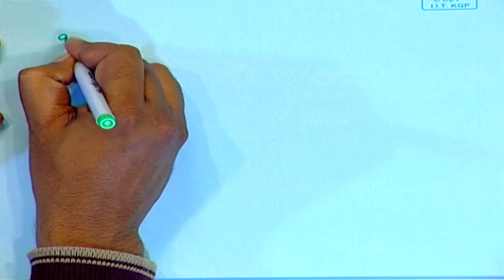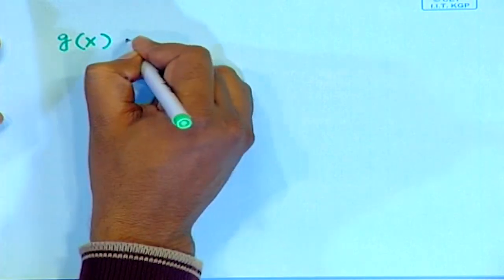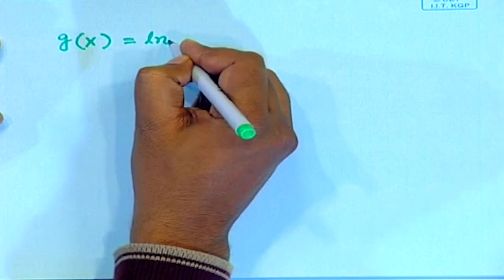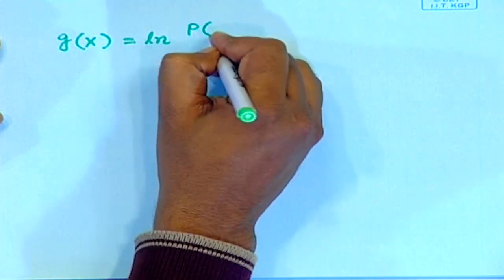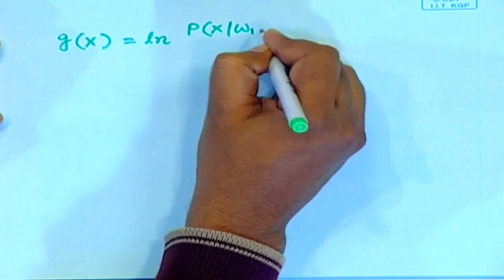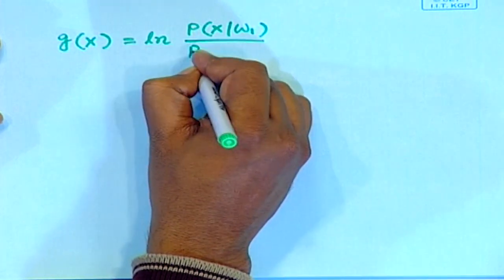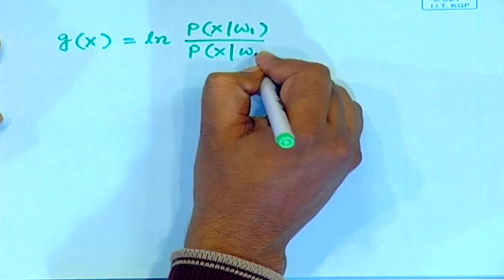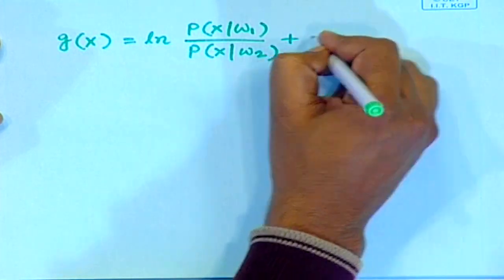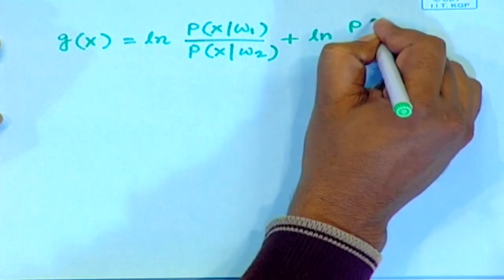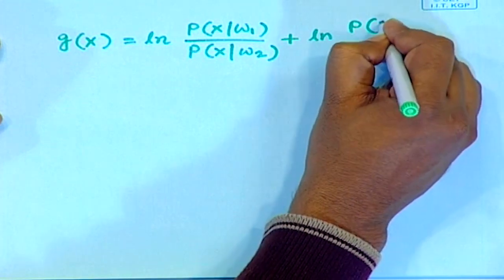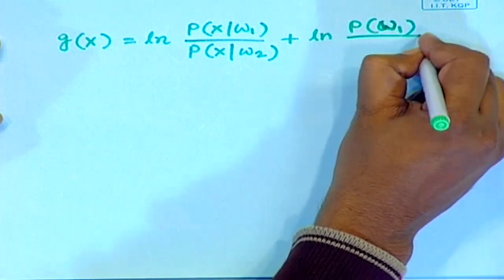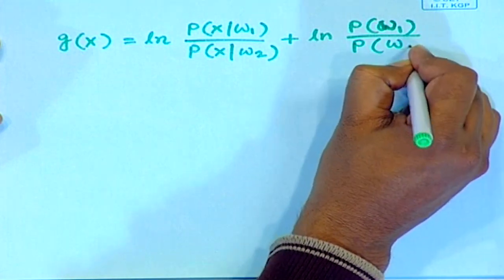Now, we know that the decision function between two classes is given by g of x equal to log of P of x given omega 1 upon P of x given omega 2, plus log of P omega 1 upon P omega 2.